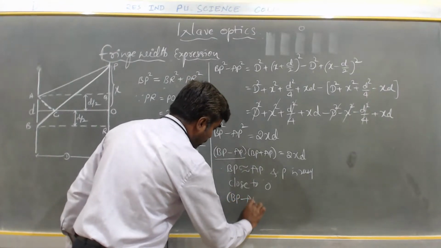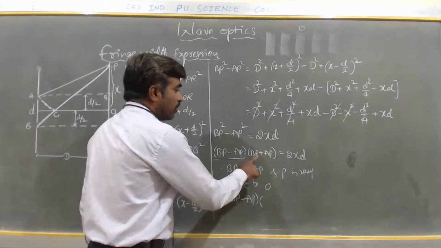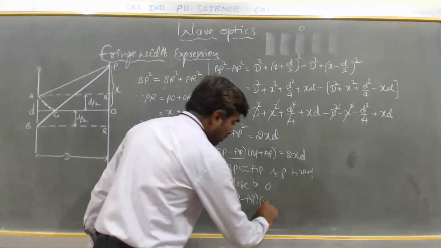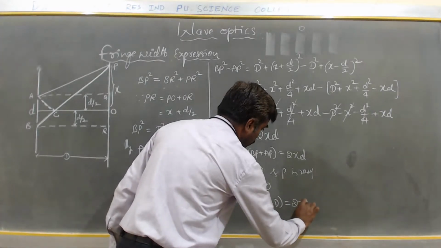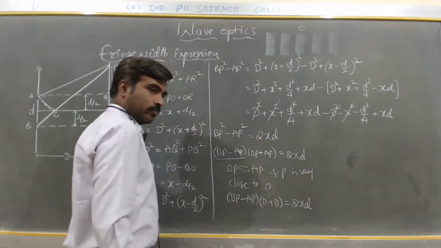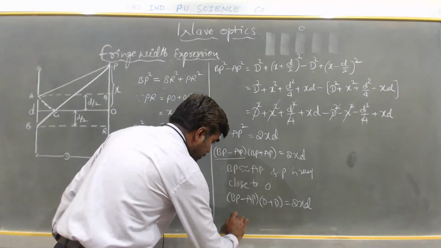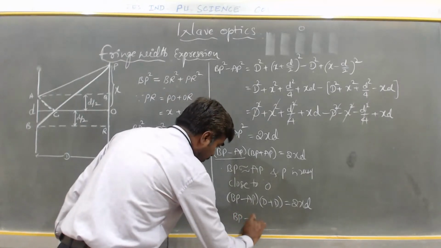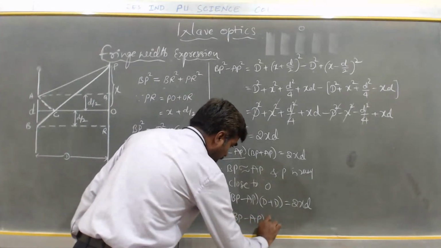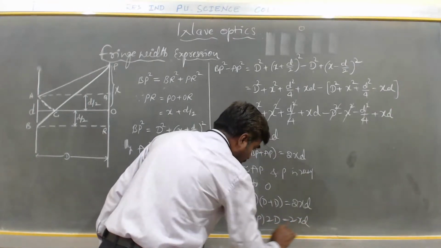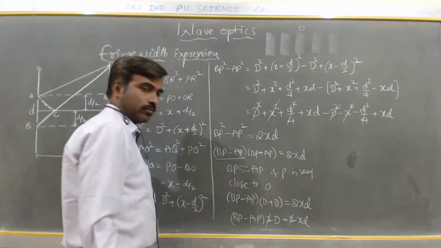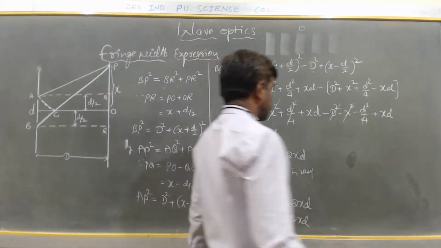BP minus AP into BP plus AP is nothing but D plus D only, which again equals 2XD. If I expand still, that is BP minus AP into 2D equals 2XD, where 2 and 2 get cancelled.